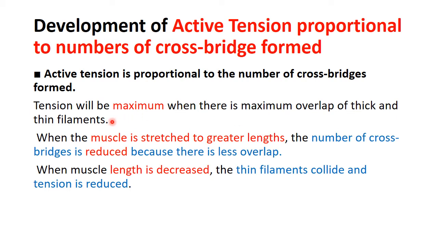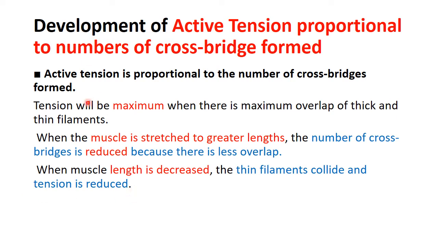So optimal length, maximum cross bridges. When the muscle is of greater length, then the number of cross bridges is reduced and there is less overlapping between the actin and myosin filaments. When the muscle length is decreased, then the thin filaments collide and tension is reduced.